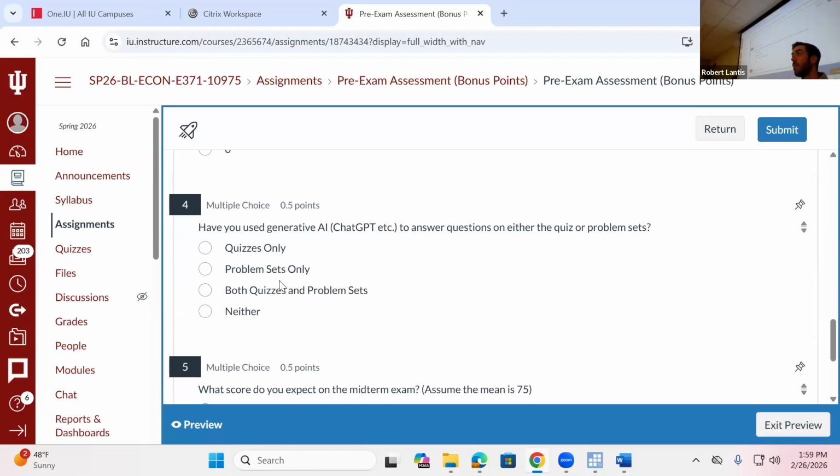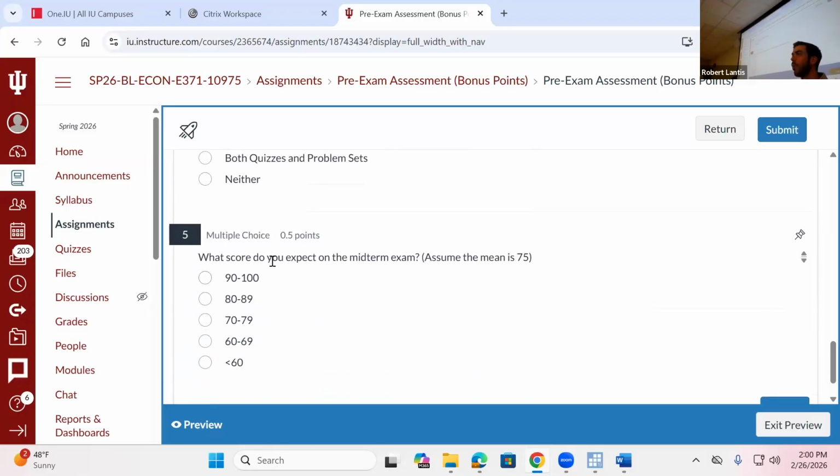Also, the more you rely on them, probably the less likely you're going to retain a lot of that information and maybe your exam performance won't be as high. But they can also be a very useful tool. I'm not going to say you should never use them. In fact, I think if we learn how to use these generative AI tools, it actually can improve your learning and understanding in any topic, any course quite a bit, right? It's just that's not the goal of my course, right? I spent a whole semester teaching you how to effectively use AI, right?